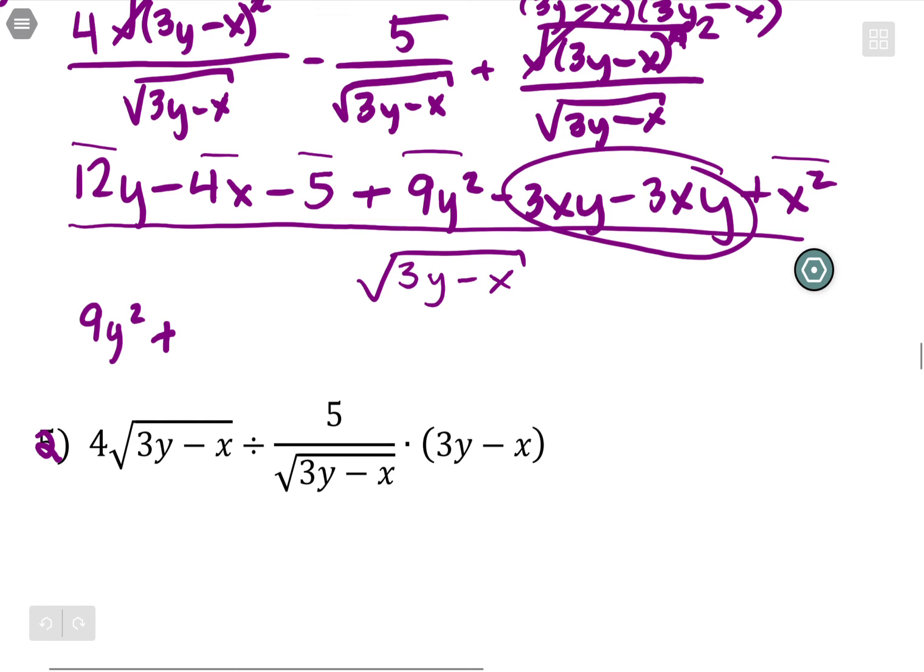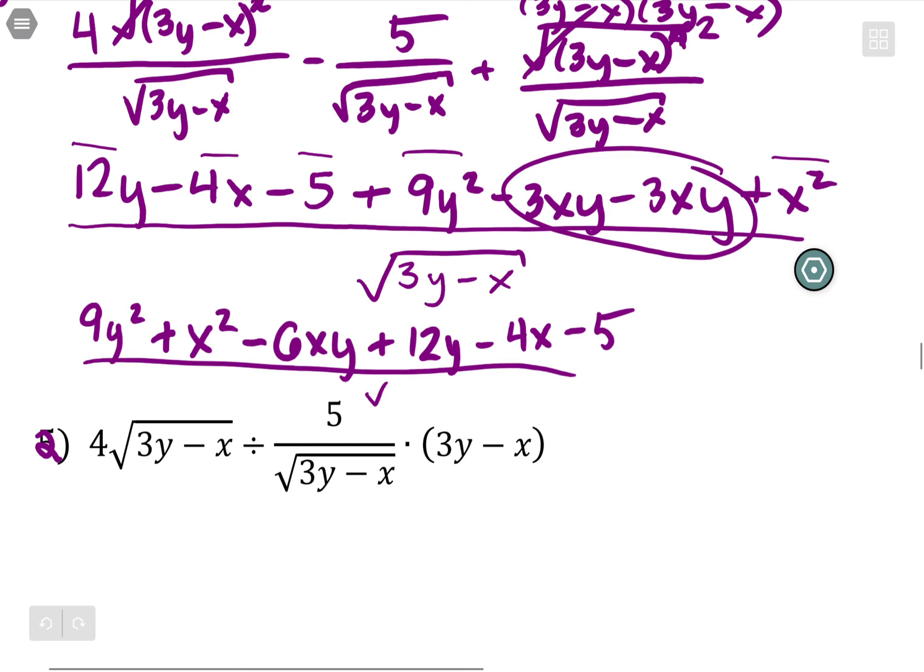I have a 9y squared and an x squared. I have minus 6xy. I have plus 12y. A minus 4x and a minus 5 all over that square root of 3y minus x.